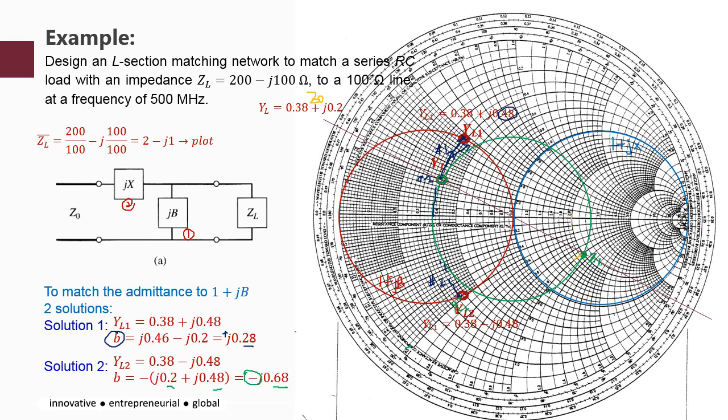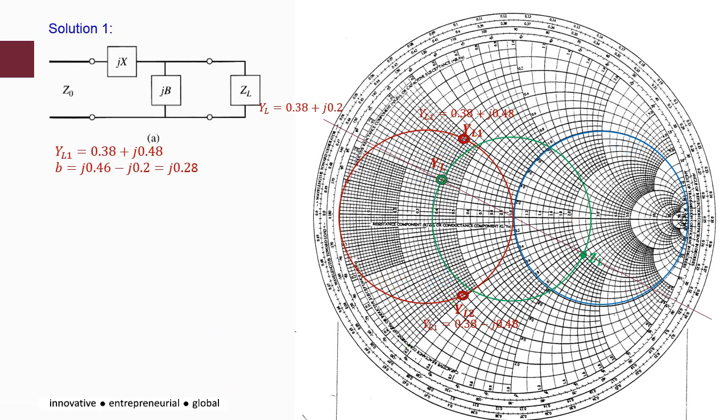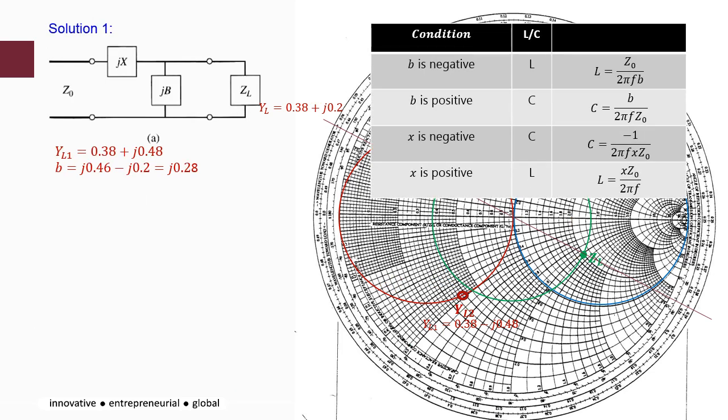All right, from the positive B and negative B, you can decide which component to be used, whether it is an inductor or a capacitor. The first element depends on the B. Let's go to the table again. We start with solution 1. B is a positive value, so the component at this point is the C. What will be the C value?